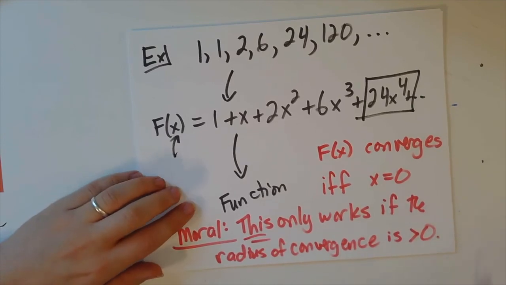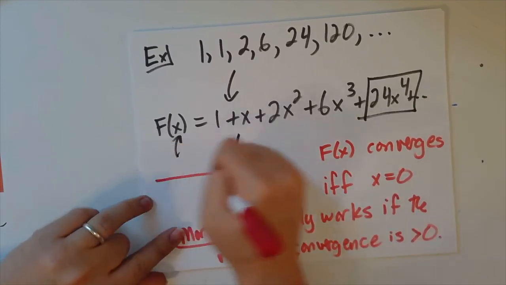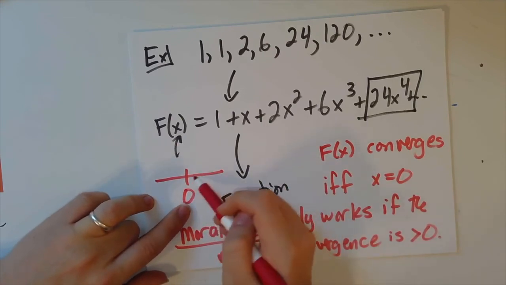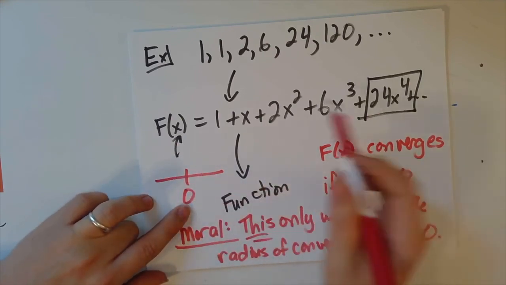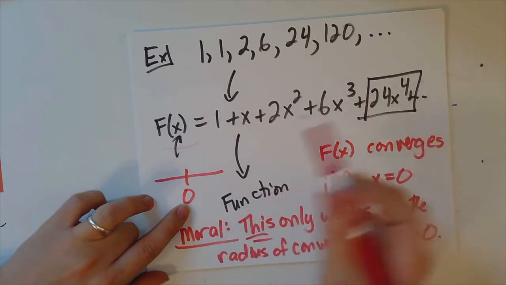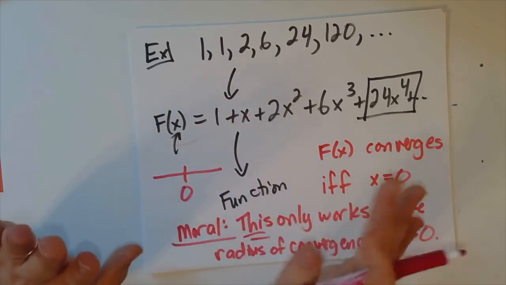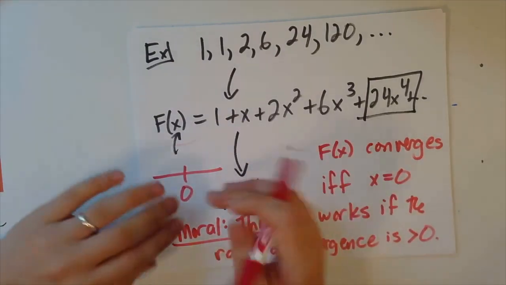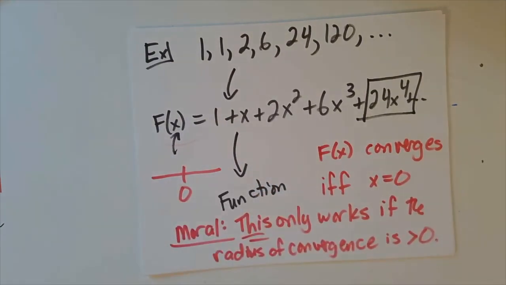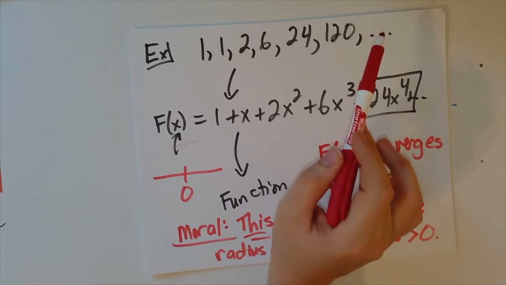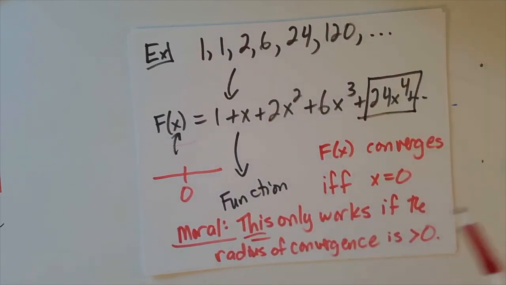The radius of convergence is just telling you, if you're thinking about stuff on a number line, starting at 0, how far can I go to the left and right while still having this thing converge? As soon as I can go even like 0.0001 away from 0, that's plenty. It gives me infinitely many values, in fact uncountably many values if you want to think about that, and that gives me way more than enough information to completely recover the sequence that I started with.